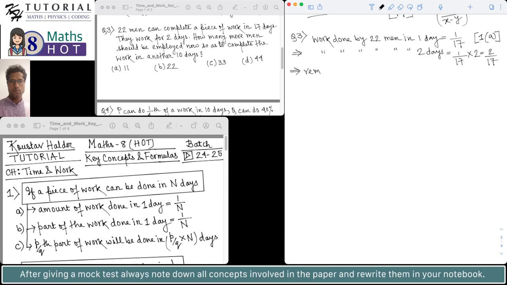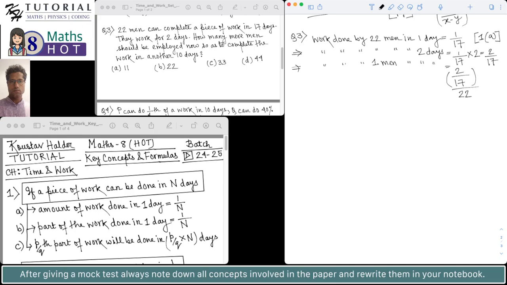So work done by 22 men in 2 days is 2 by 17. Now, again based on the unitary method, work done by one man in 2 days will be equal to 2 by 17 divided by 22. 22 men will do more work, definitely one man will do less work, so we are dividing by 22.